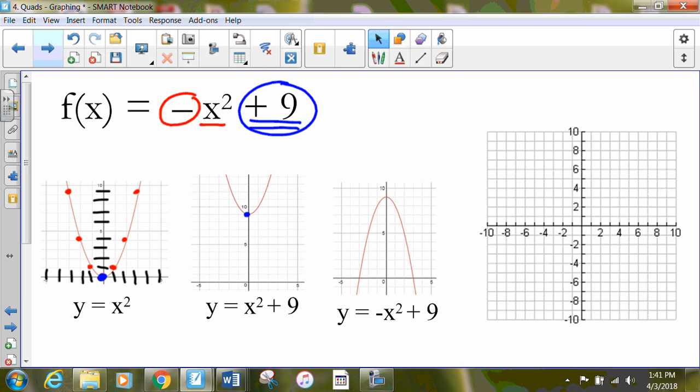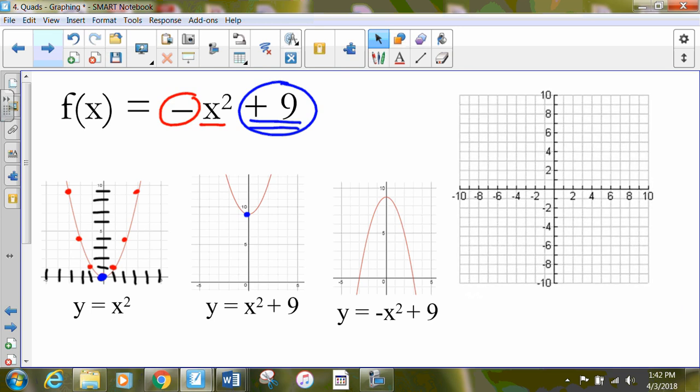So if I were to see this, whether in my practice or on the test, and asked to graph it, the first thing I would do is find where my vertex is. So just like we reviewed, this plus 9 tells us the vertex is no longer on the origin like the parent function, the quadratic parent. We're going to be moved up all the way to 9.